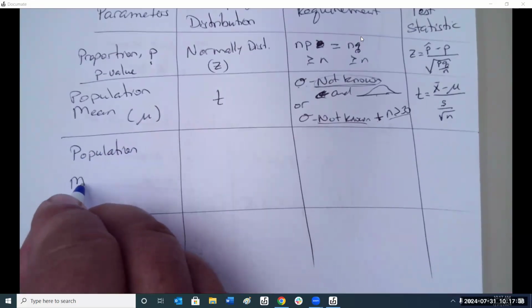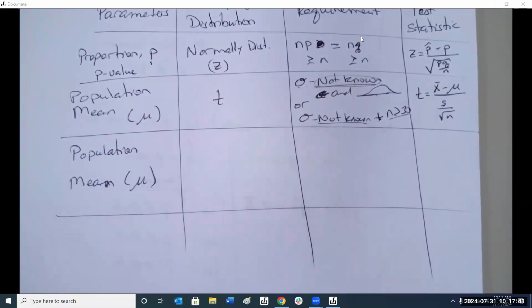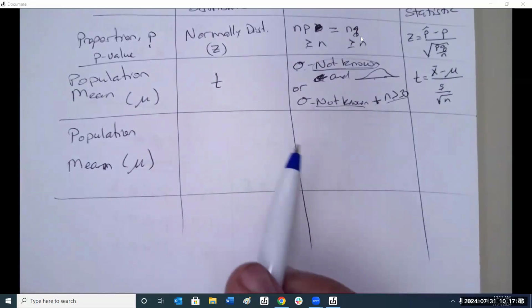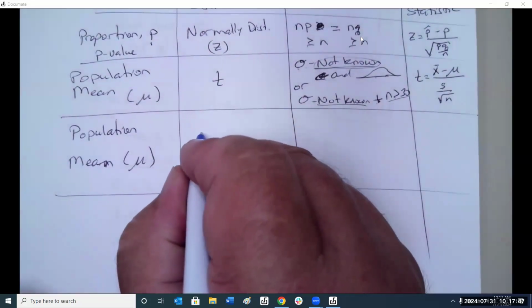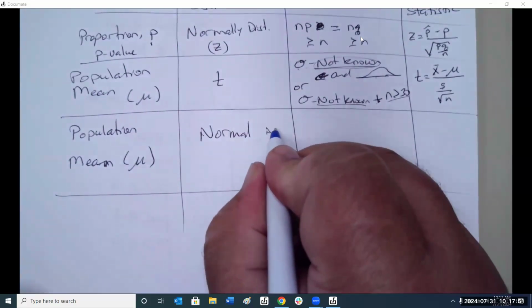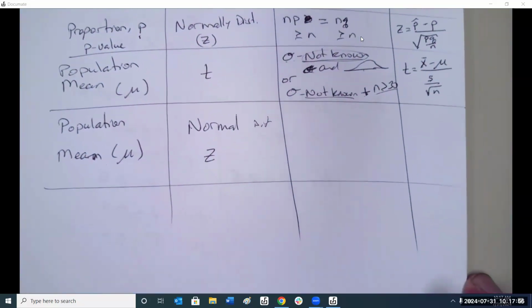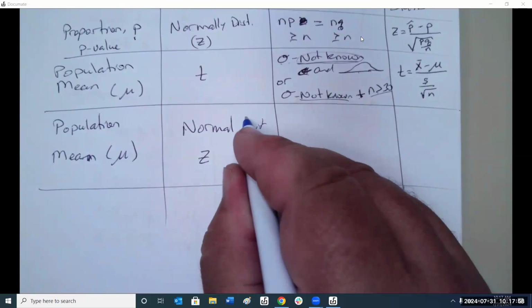The population mean again, mu, normally distributed. So we use the z-score. That's the sampling, normally distributed.